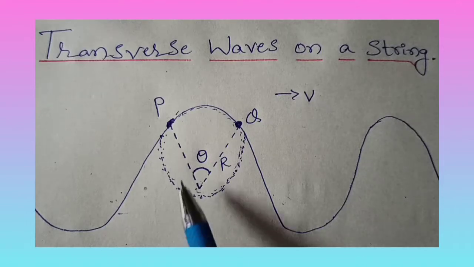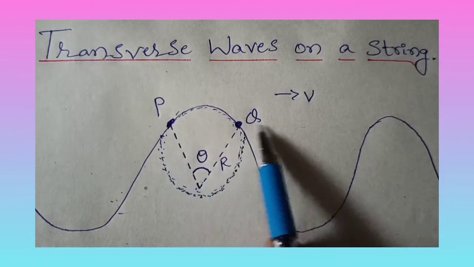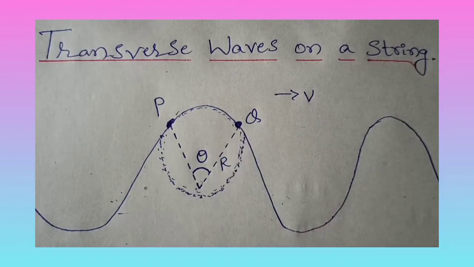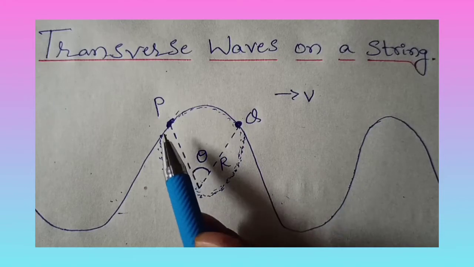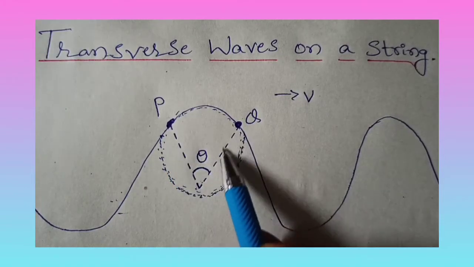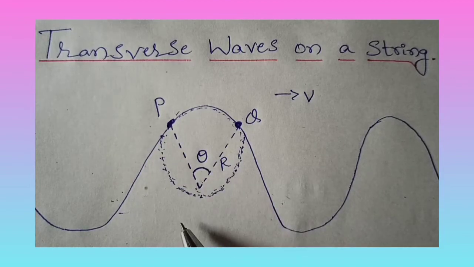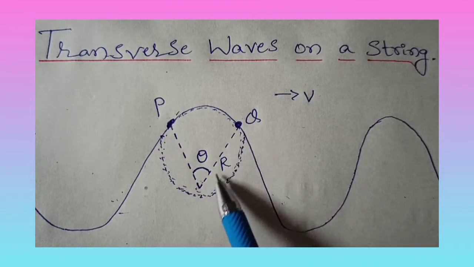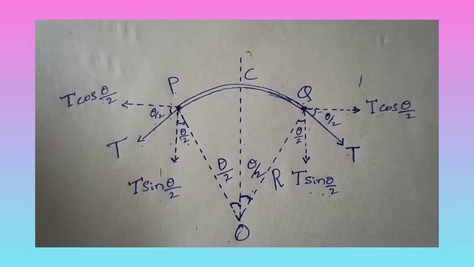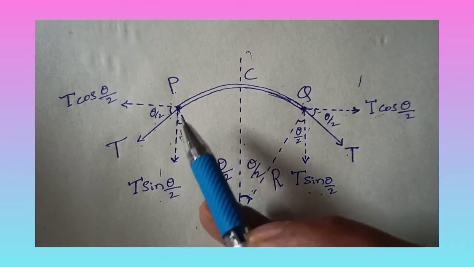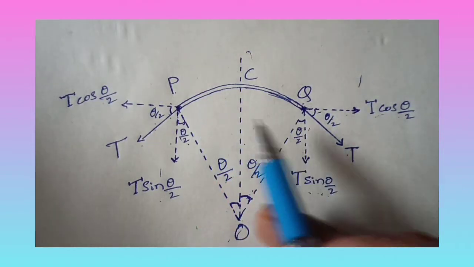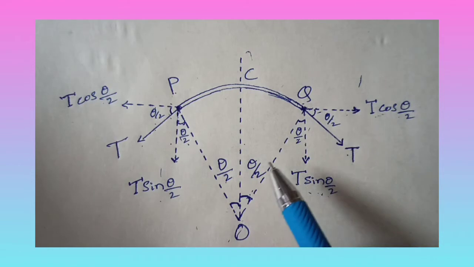Now let us consider the small portion PQ, which has an angle theta and the radius r. So this is an elaborated diagram of that portion PQ.